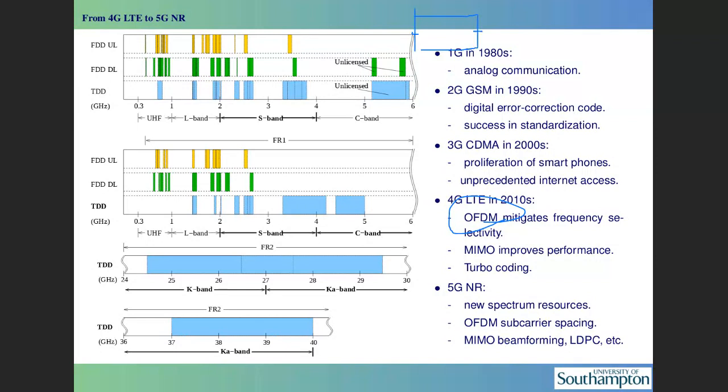So when the signal is transmitted, it gets a lot of reflections, right? There's normally a direct link as well, which is called line of sight, and there are a lot of reflections. And all these signals arrive at the receiver with different delay and different signal power, and they added together, sometimes constructively and sometimes destructively.